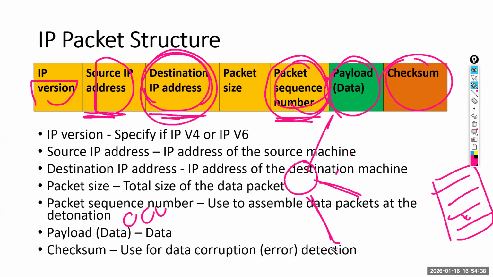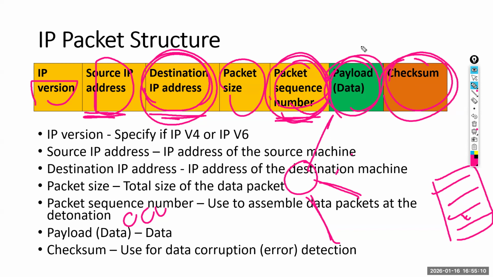Actually it uses the subnet mask to look at that IP address, and that will be resolved to the subnet ID of that network, and then it will be routed to that subnetwork. So this is the structure of an IP packet: IP version, source IP address, destination IP address, packet size, packet sequence number, payload, and some checksums.